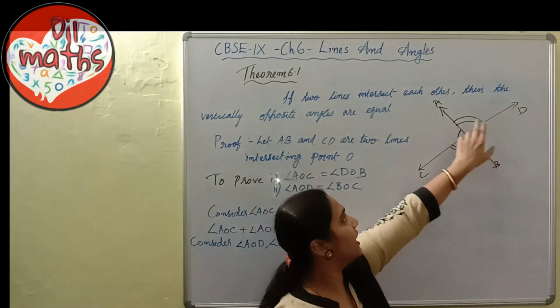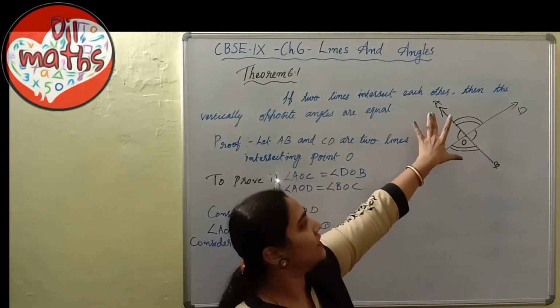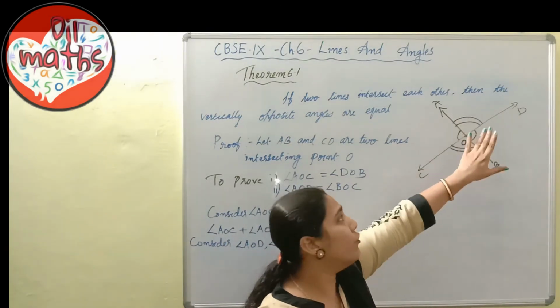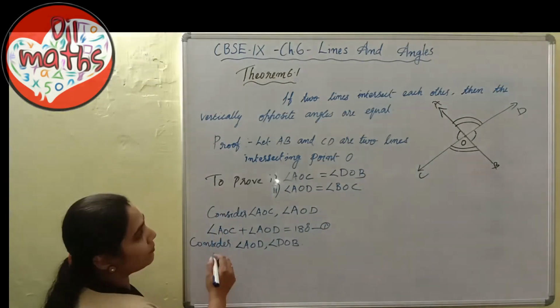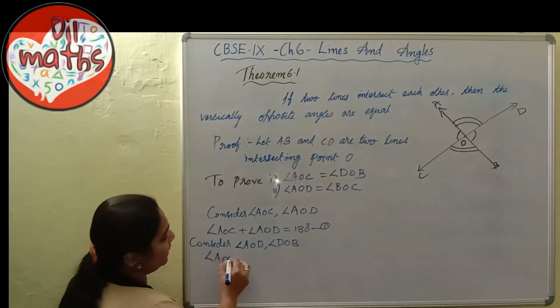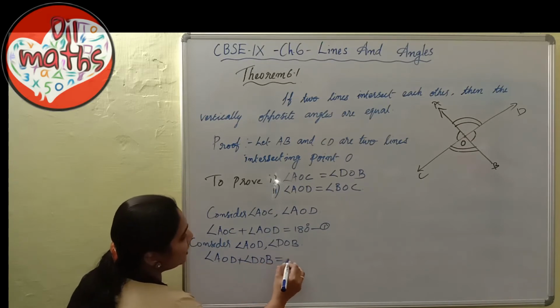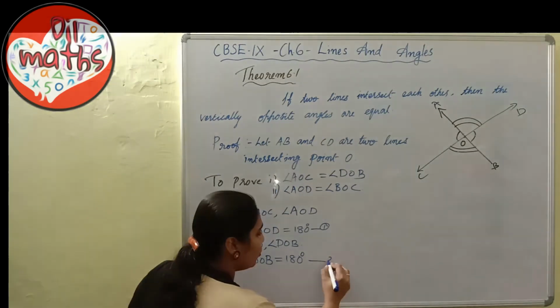Here we can see that OD is a ray that is standing on the line AB. Therefore, the sum of these two adjacent angles will be equal to 180 degrees. That means angle AOD plus angle DOB is equal to 180 degrees. So this is our second equation.